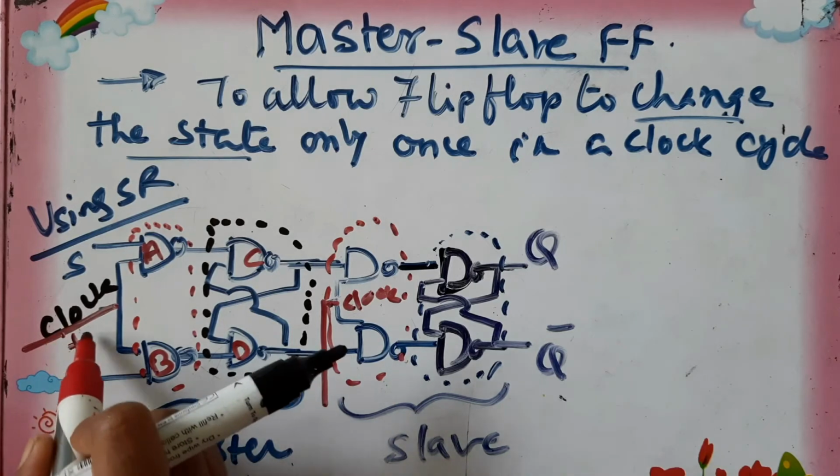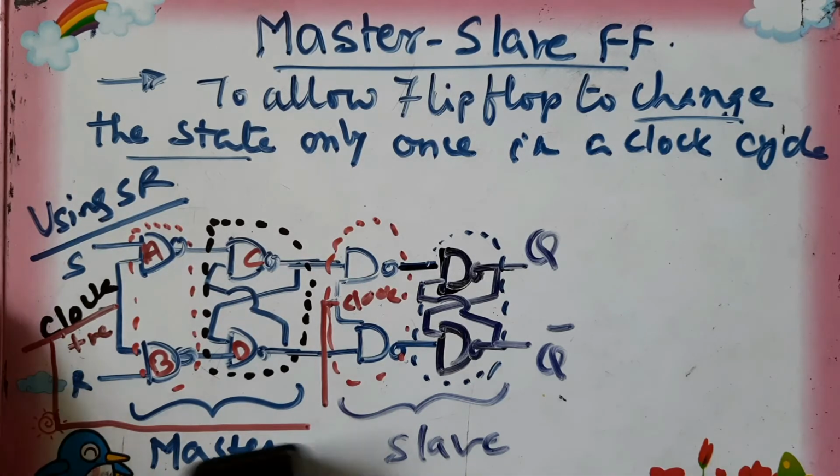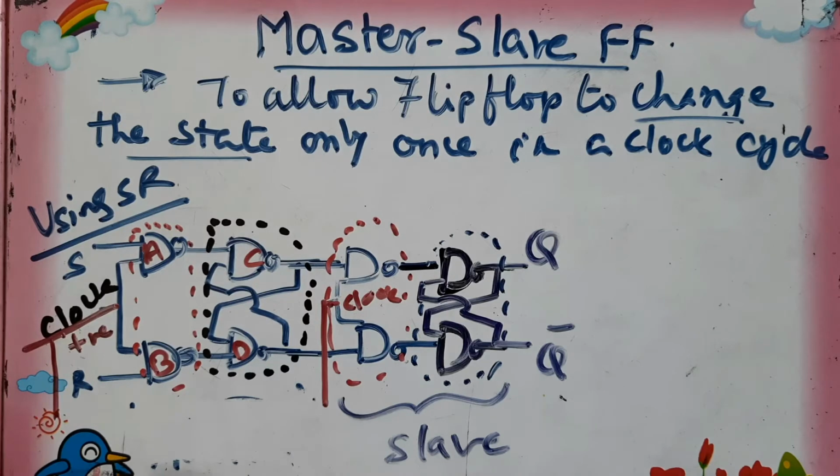The positive clock is given to the master, and the inversion of the same clock, the inverted clock, is applied to the slave.